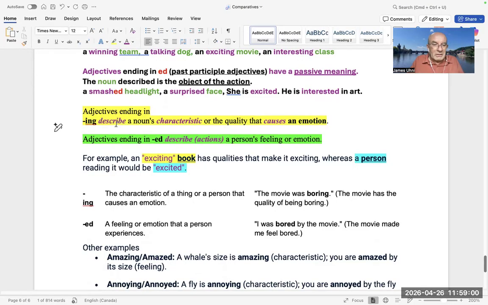Okay. Describe actions and a person's feeling or emotions. Feeling would be purple and tick. But emotion would be just tick. And I forgot to add S. Oh, that's not good.